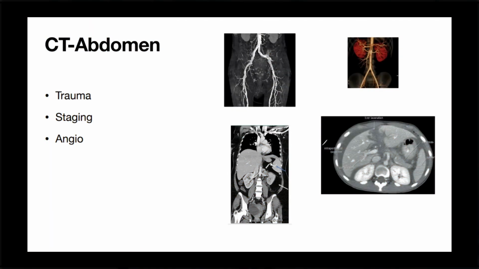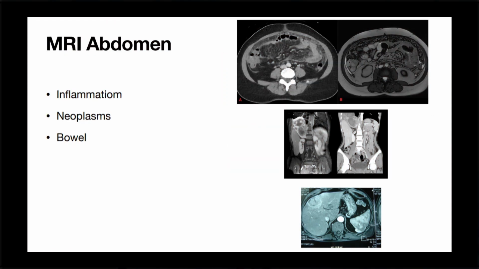When we go down to the abdomen, apart from the vascular, of course, the angios and the traumatic, where you get organ trauma, fractures, and then the staging, most of the abdominal work is done by MRI, and this is when we can define the soft tissues even more clearer.